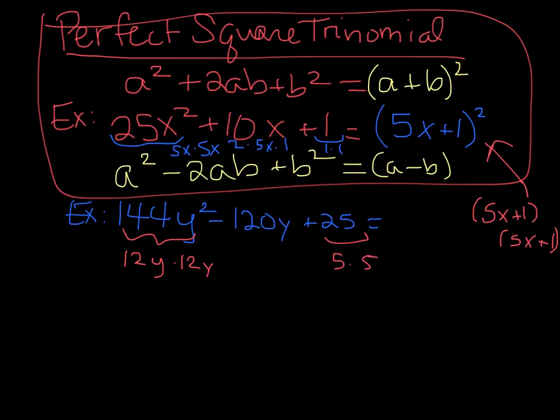If you take 12y times 5 and then multiply that by 2, you will end up getting 2 times 5 is 10, 10 times 12y is 120y, so you will end up getting that special case. And you'll find out that your answer is going to be 12y minus 5 squared.